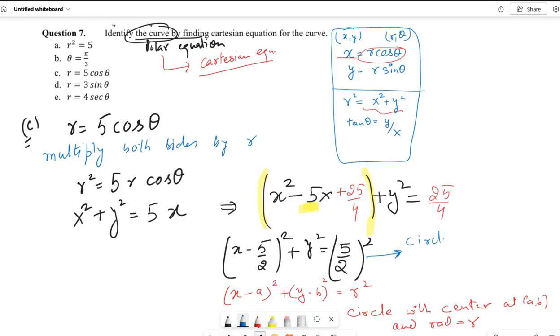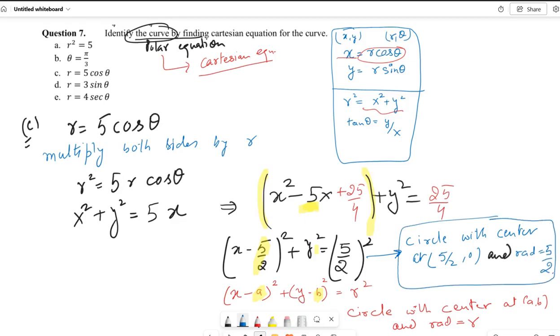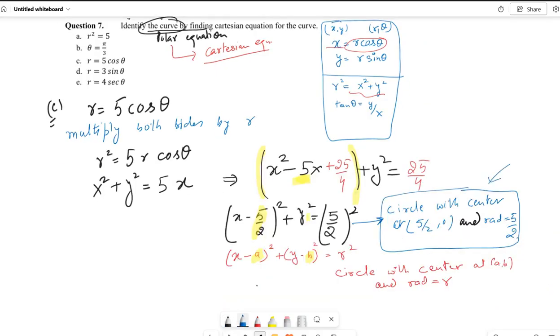That is a circle with center at 5 by 2, 0. You see, in place of a, we have 5 by 2. In place of b, we don't have anything, that's 0. And the radius is equal to the right hand side, 5 by 2. That is our curve.